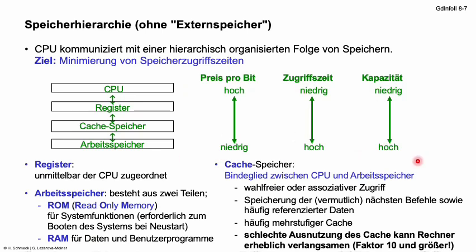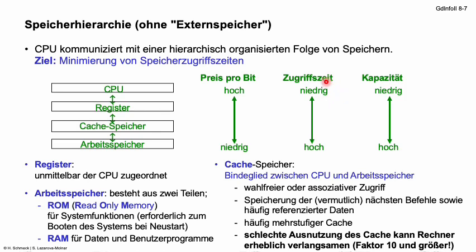Here you can see a very nice presentation of how these memories differ. You can see the price per bit: it is much higher for the registers than for the main memory. That's why the main memory is bigger than the cache, and the cache is bigger than the register memory.